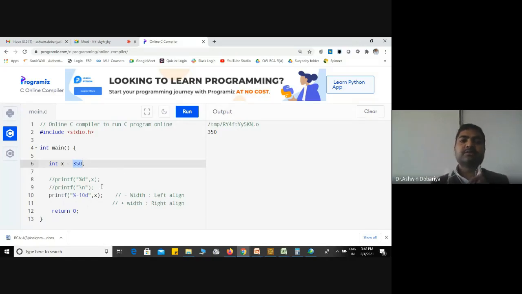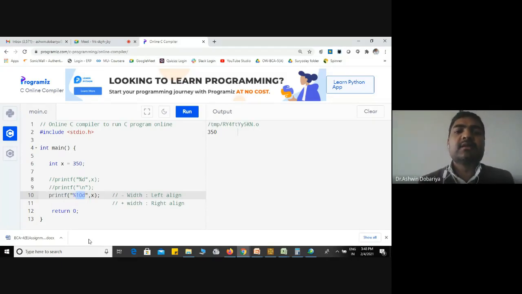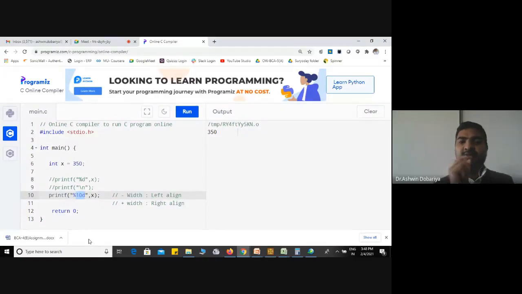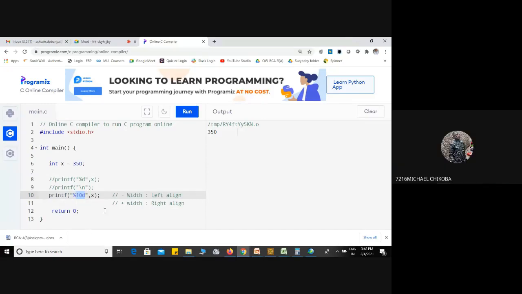Now just observe what happened. If I remove this minus, now the width is positive, 10. Now you tell me where the spaces will come. Before 350. Yes.